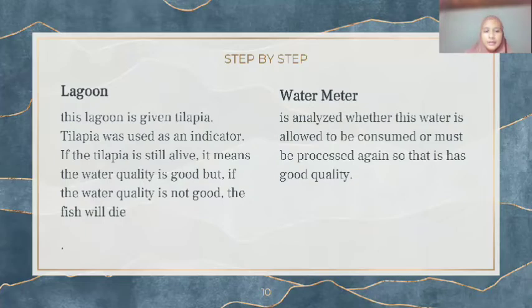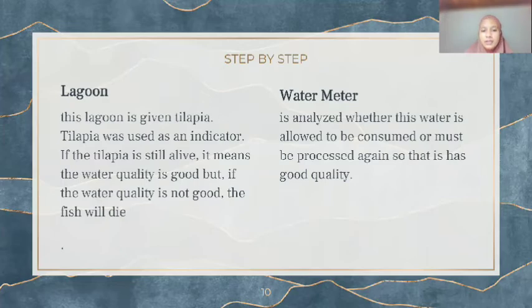Number 10, the lagoon. This lagoon is given tilapia. Tilapia is used as an indicator. If the tilapia is still alive, it means the water quality is good. But if the water quality is not good, the fish will die.